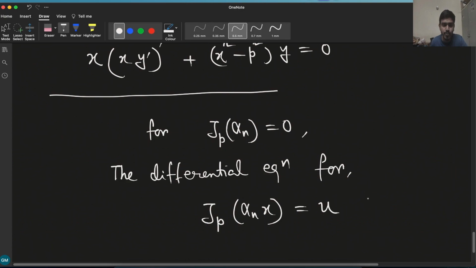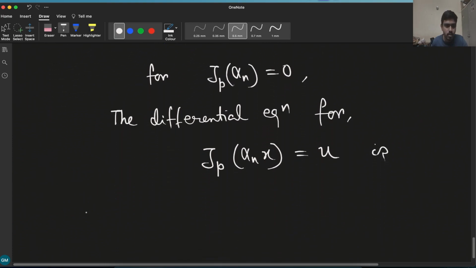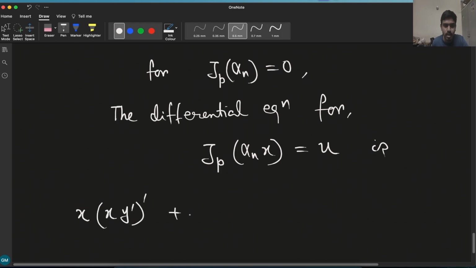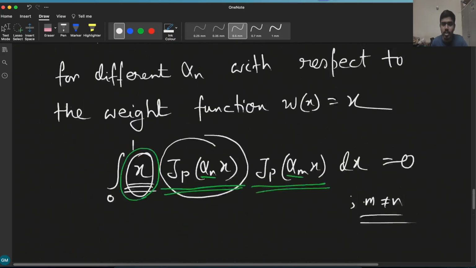So the differential equation for this Jp(alpha n x) is x times (x u dashed) whole dash plus (alpha n square x square minus p square) times u equals to 0. So that's what I showed here also.